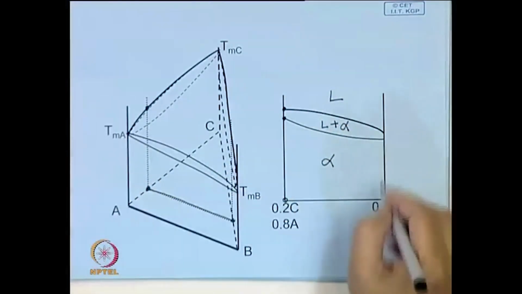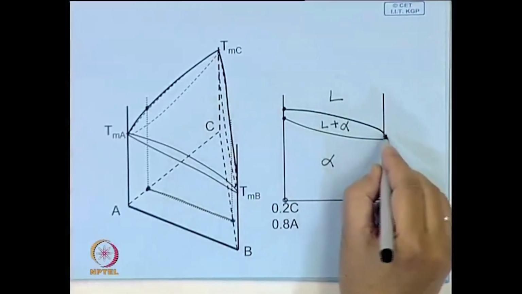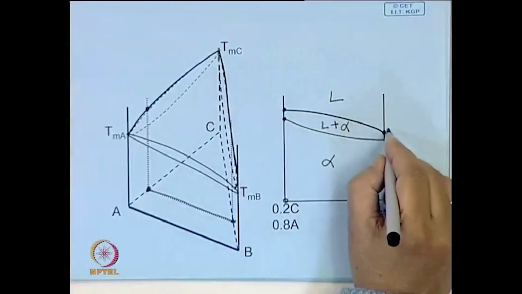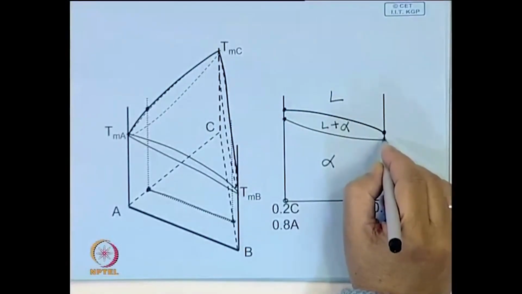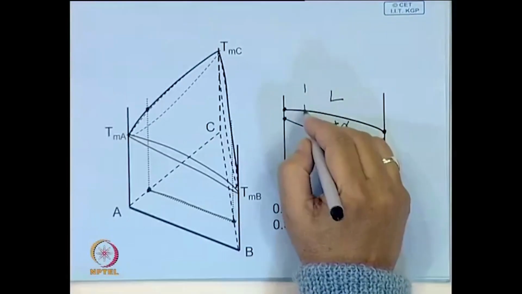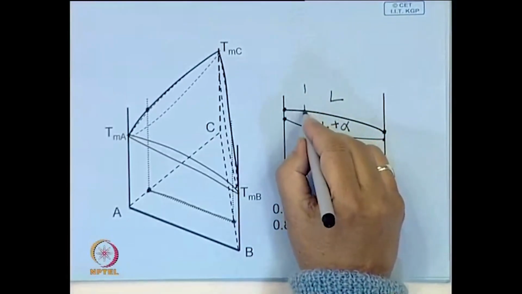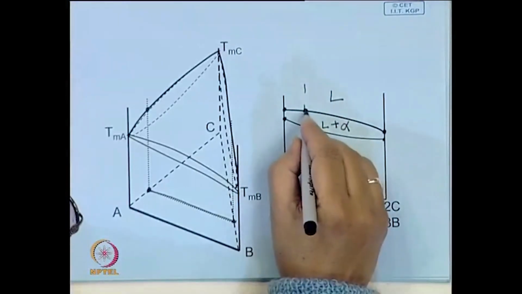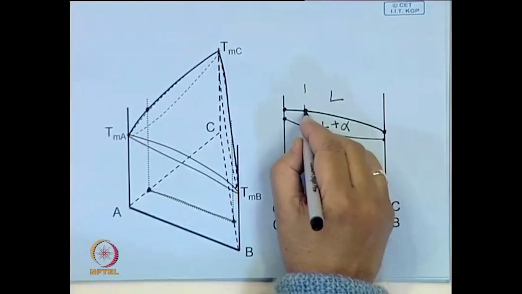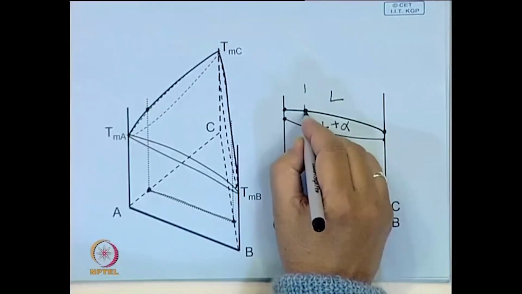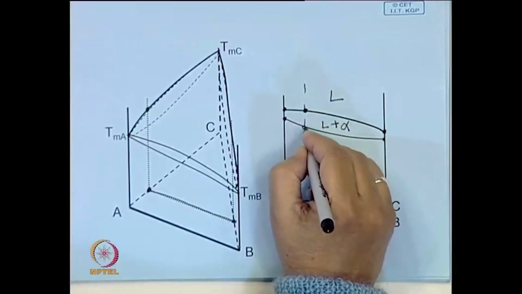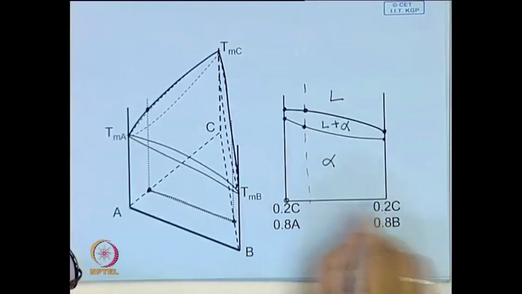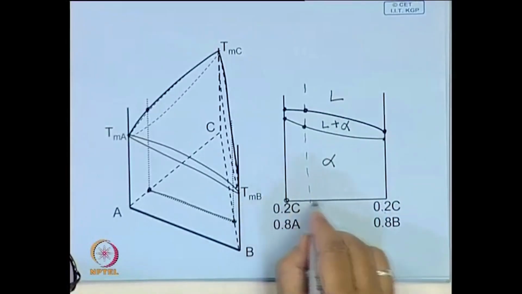Same way here also you will find it will intersect a liquidus surface here and the solidus surface at this, and in between here at any composition you can see that. This is where the solidification starts, this is the temperature where solidification is complete, and all along this composition line the percentage C is the same.